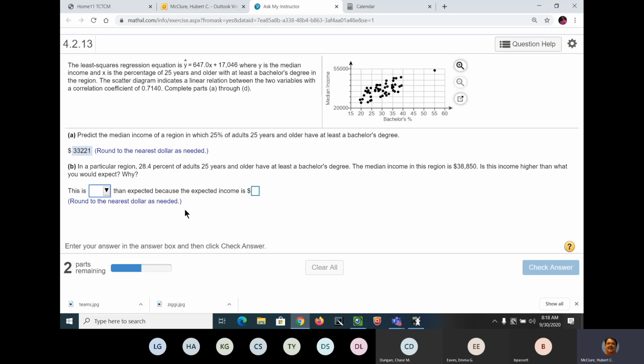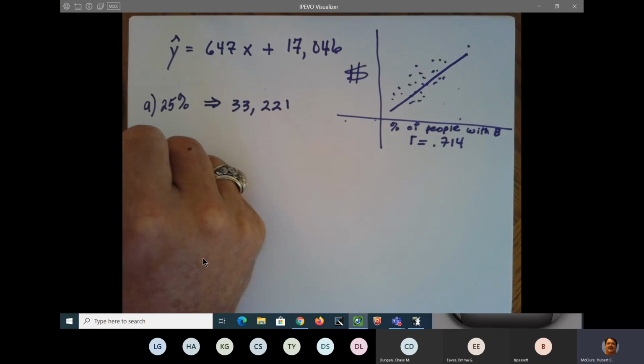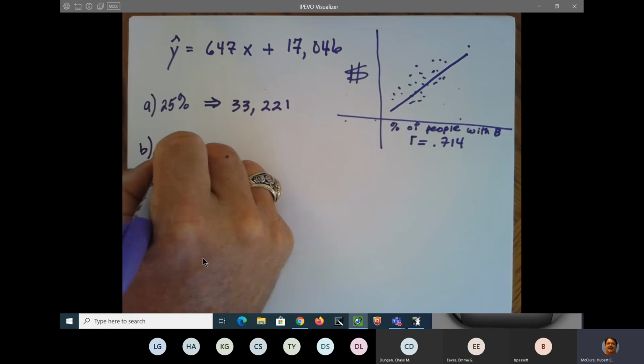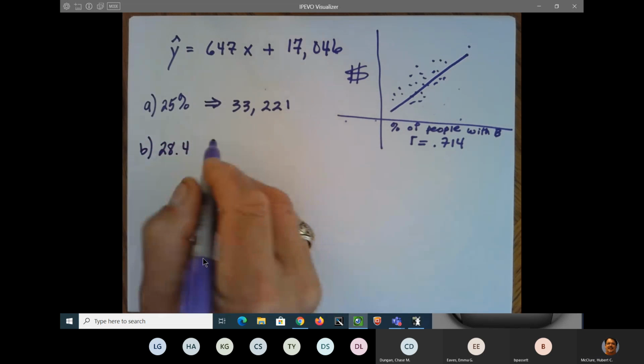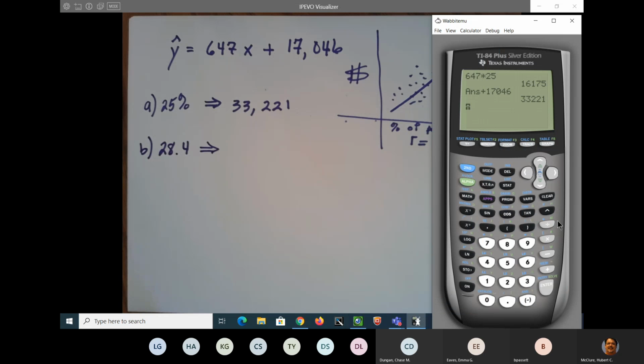Now B, this question is very confusing. The math is not confusing. Let's do the math right quick. You take 28.4 and you plug it in. I'm going to show you a trick I learned in the war. Second, enter.